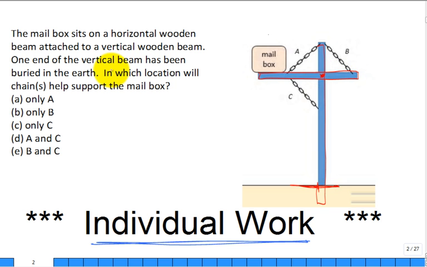And on one end, the long end of the horizontal beam, you put a mailbox, and the mailbox is heavy. And in which location will chain or chains help support the mailbox? Will it be only in A, right here, or only in B, only in C, or A and C, or B and C? There you go.